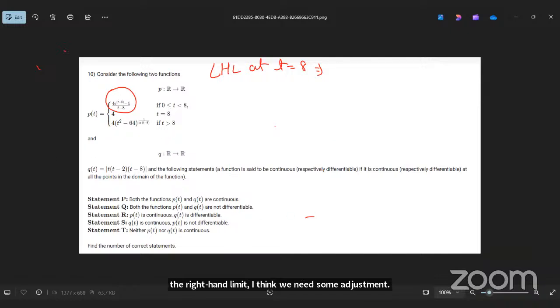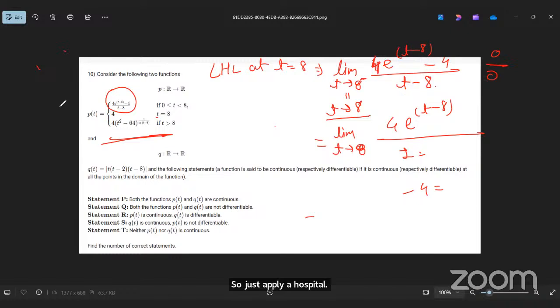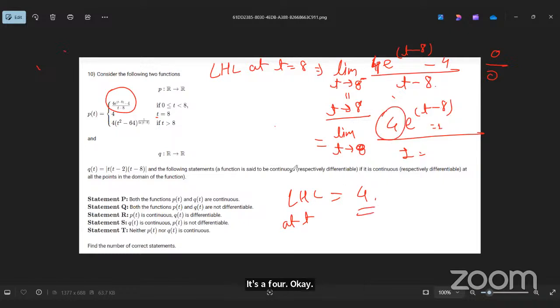Madam, one second. How did you get 4 actually? See, just apply L'Hospital. Then you substitute 8, then e to the power 0 is 1, so this 4 will remain as is. Then minus 8 also we need to substitute, right?